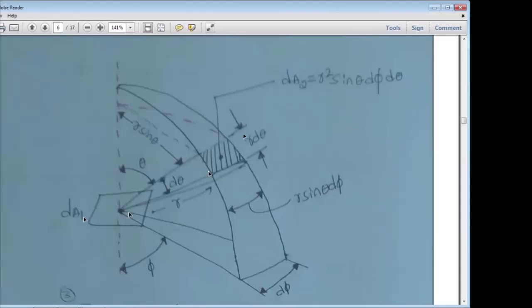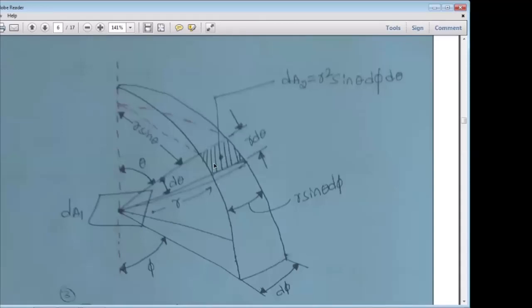So take one element. This R is called the radius. You can think of this as the cone. R is the distance between the point source on the black body and the hemispherical surface where it is intercepted.